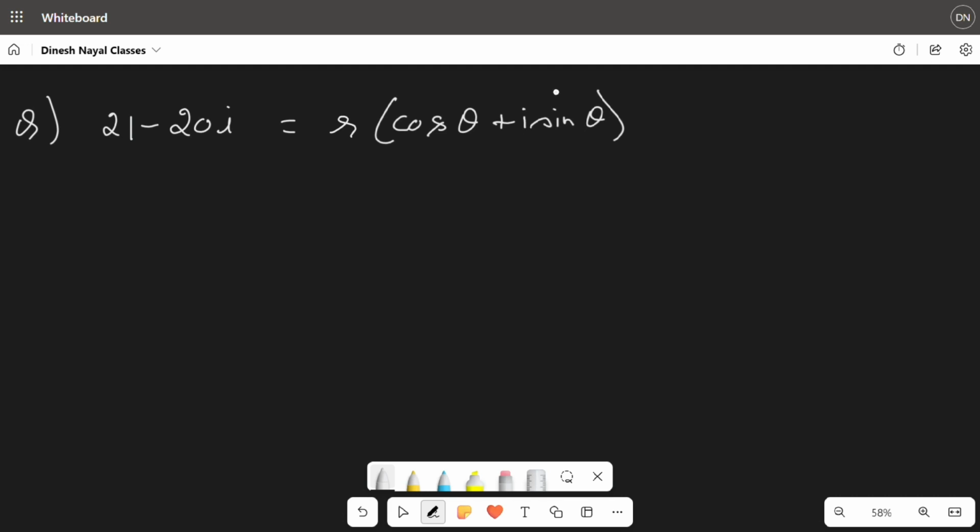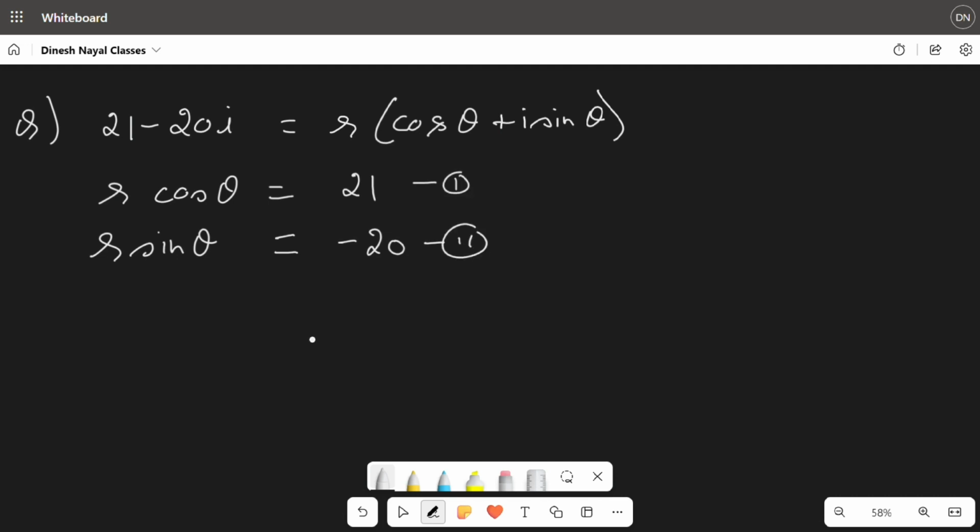So comparing this, we get r cos theta equals 21, and r sin theta. See, I'm again repeating that we are comparing the real and the imaginary part separately. So r sin theta will be minus 20. As you can see, the minus sign, minus 20. Take this as equation 1, equation 2.